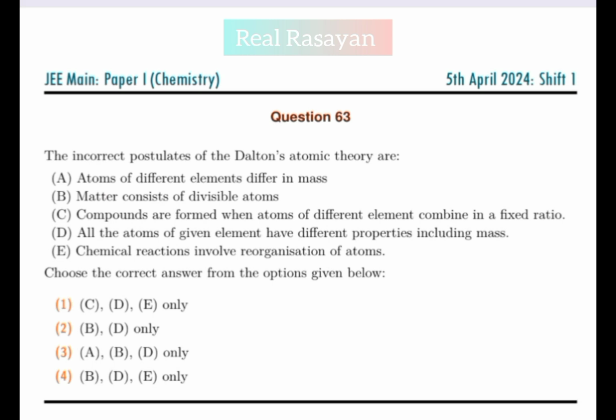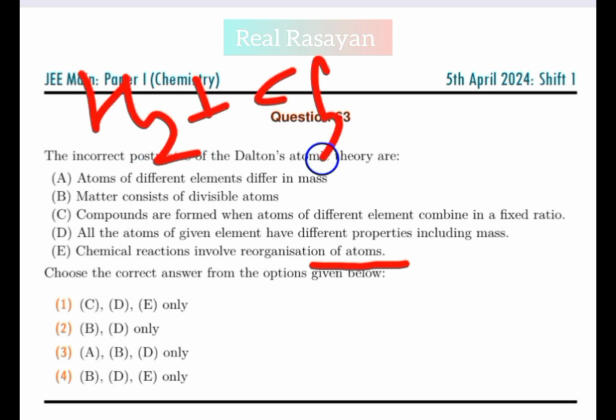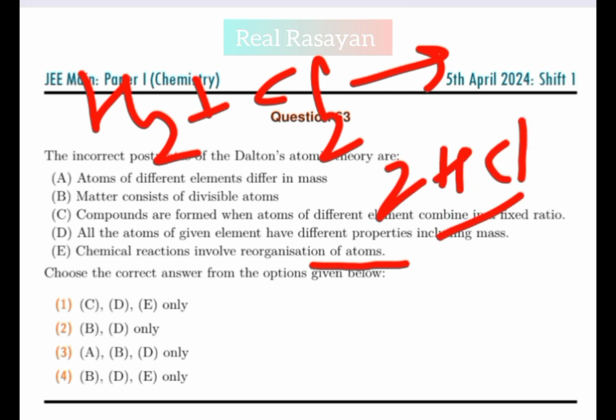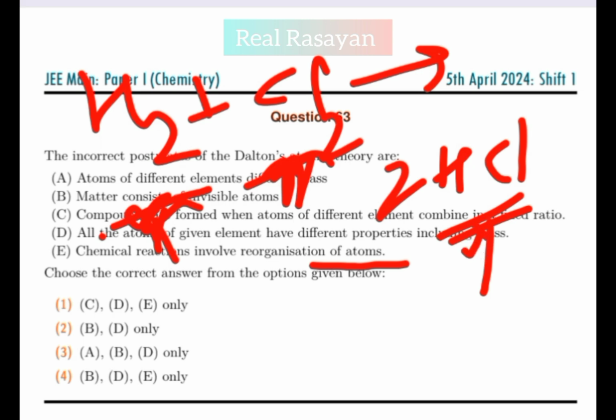Next one is chemical reactions involve reorganization of atoms. Just we have H2 plus Cl2 gives 2HCl. Here these are the atoms like hydrogen and chlorine. They are present in the molecular form, and here they are present in the compound form.